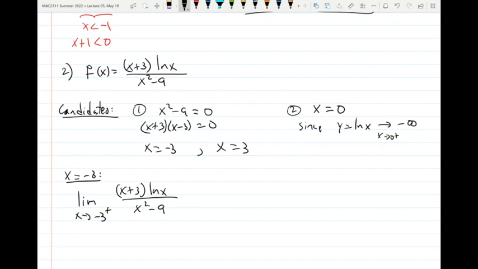Okay? If you want, we could put a square here, and then we can plug in negative 3. Let's put the square, that way I don't have to erase this. But if it was just a ln, you would say, these are the candidates, but ignore this because it's not even a concern.